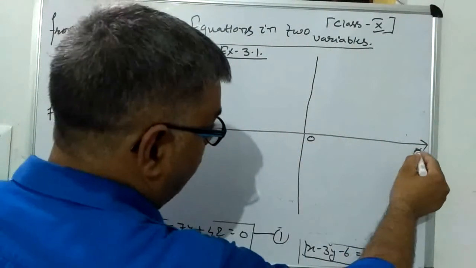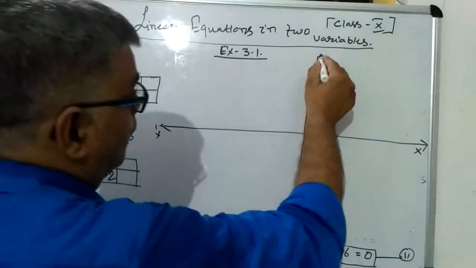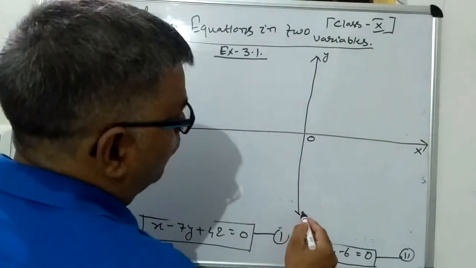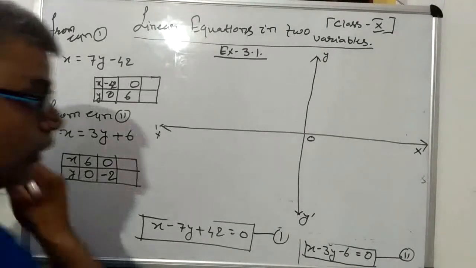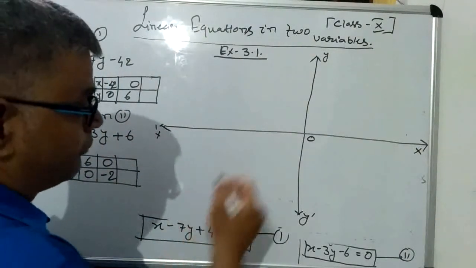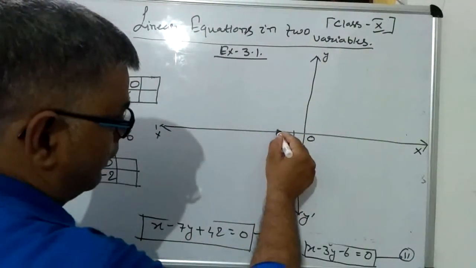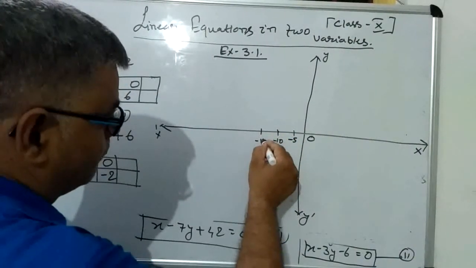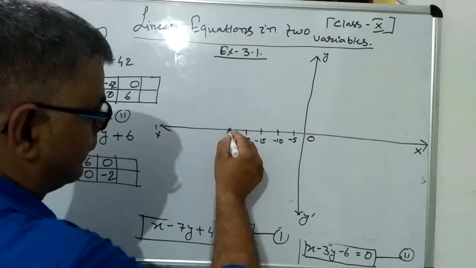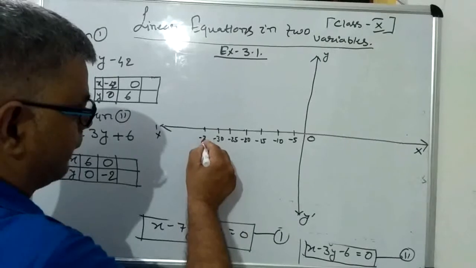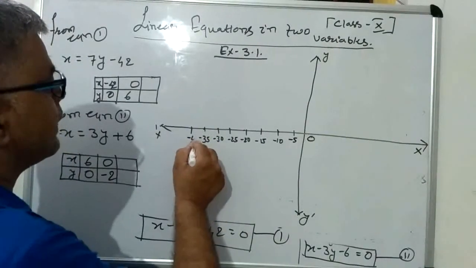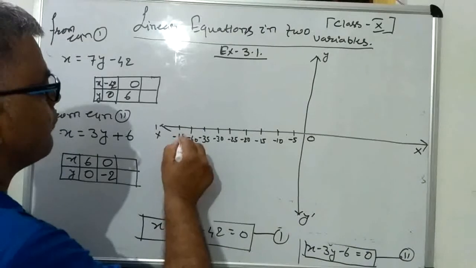The horizontal axis is called the x-axis and the vertical axis is called the y-axis. For the horizontal axis it goes up to minus 42, so you take scale 5: minus 5, minus 10, minus 15, minus 20, minus 25, minus 30, minus 35, minus 40 and minus 45.